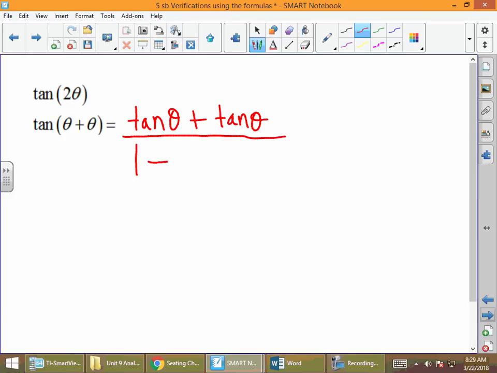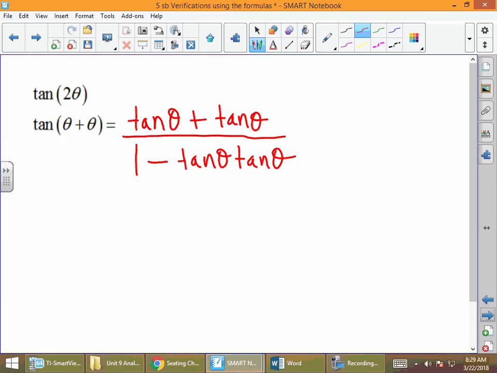Again, watch out for the signs in these identities, because since it's tangent plus, the plus is on the top of the identity. So we're going to use the sign on top, which is plus here, but in the denominator, the sign that's on top is the minus, and it's going to be tangent theta times tangent theta.